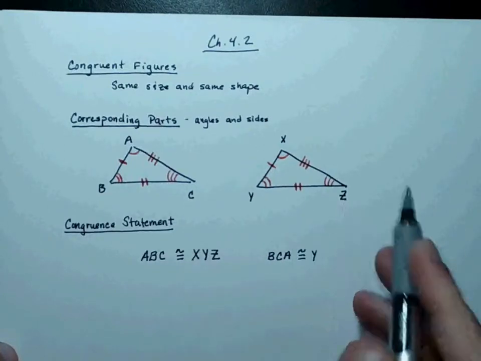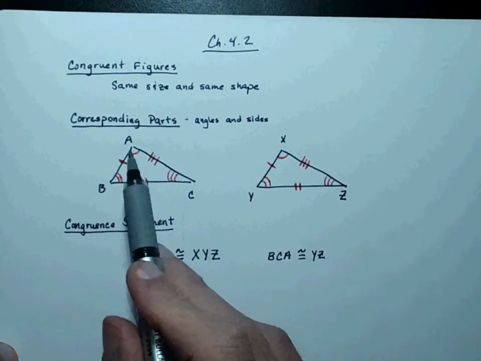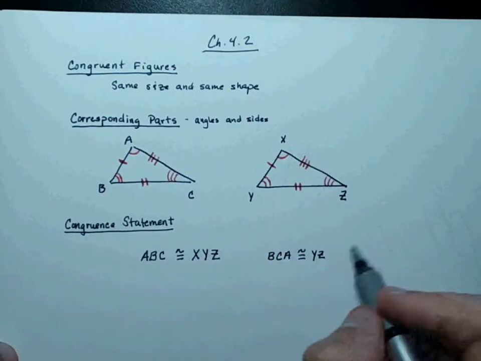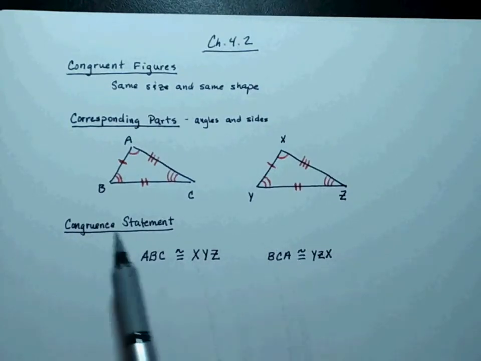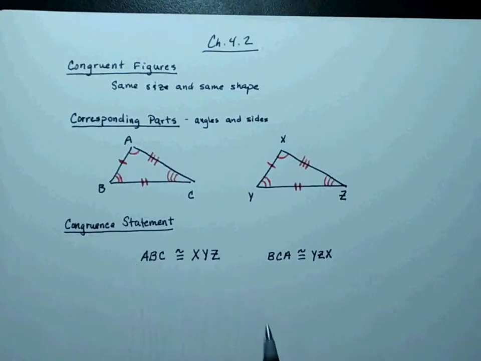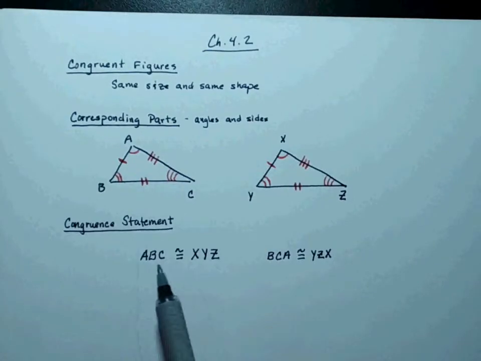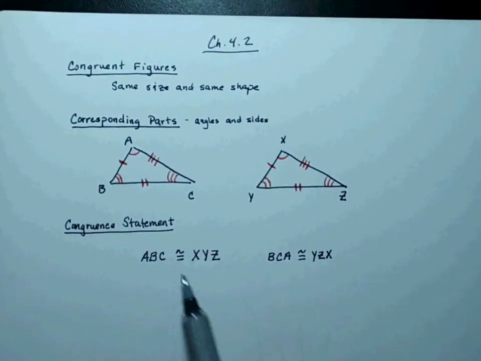C corresponds with Z, so I'd have to put Z next. And then A corresponds with X. So both of these are acceptable congruent statements. When you are asked to write a congruent statement, that's what you're going to do, but you have to match up your corresponding parts.